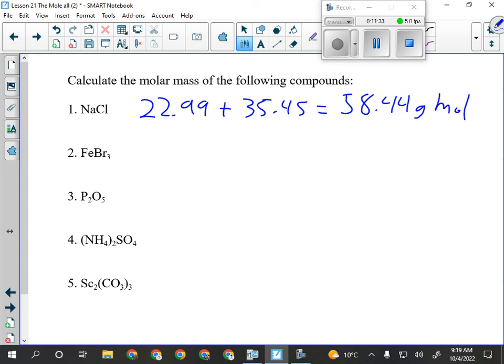And then for our second one, we've got iron(III) bromide. The Roman numeral does not affect its mass, obviously. So what is iron again? 55.85. There's only one iron, so I leave it like that. Plus 3 bromines, 79.9 times 3.